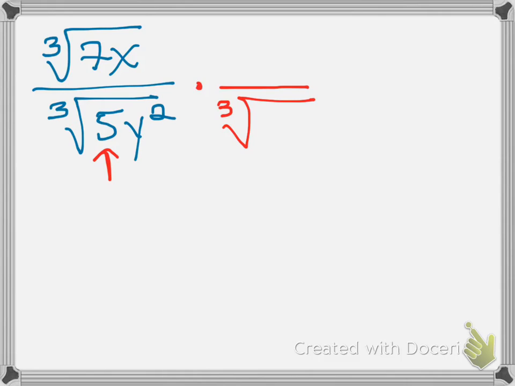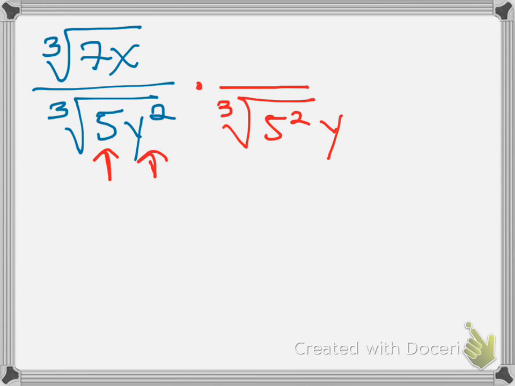So right now we have one factor of 5, and we have 2 factors of y, because we've got y squared. Because we're taking a cube root, we ultimately need 3 factors of each of those. So when we rationalize this, we're going to need to multiply by 5 squared, because that will give us 1, 2, 3 factors of 5. And then we're going to need to multiply by just 1y, because that will give us 2, 3 factors of y.